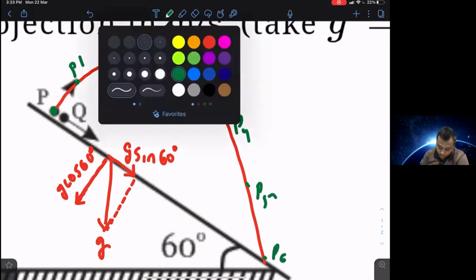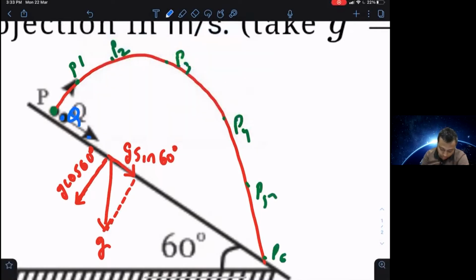Similarly, point Q will be traveling through Q1, Q2, Q3, Q4, Q5, and finally Q6. The thing is, P and Q are supposed to collide, which means by the time particle P hits the inclined plane, at the same point of the inclined plane, Q should also be present.